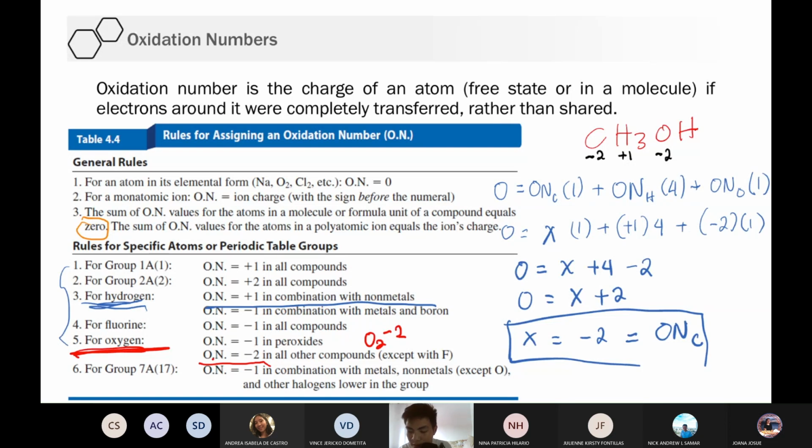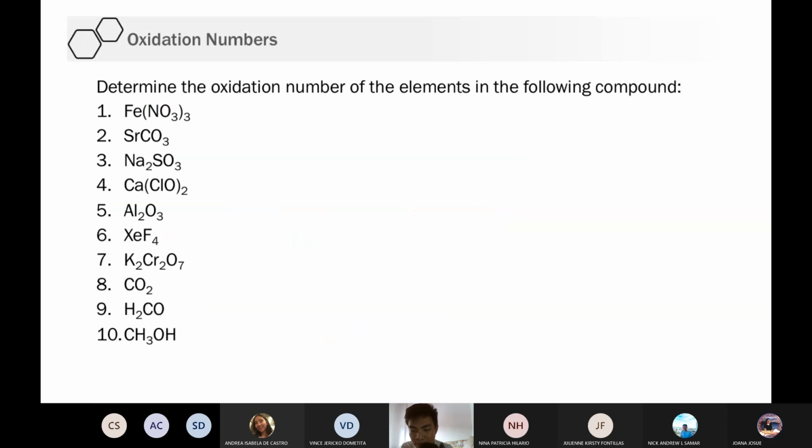Okay? So, let's have some more examples pa para masanay tayo. Kapag may di clear, mag-message lang kayo. Let's look at these chemical compounds. Okay. So, we have ionic compounds here, and then we also have covalent compounds. Nasagutan na natin yung 10 kanina. Let's answer other items na lang.